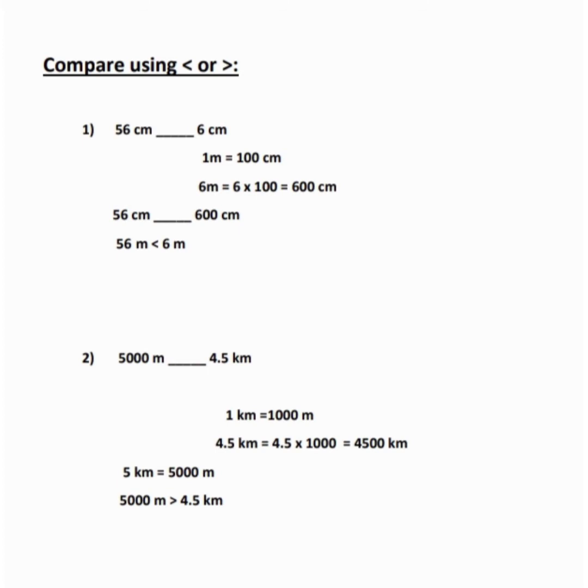Listen children. First question is 56 centimeter dash 6 meter. Here we have to use this formula: 1 meter equal to 100 centimeter. So 6 meter equal to 6 into 100 centimeter is equal to 600 centimeter.